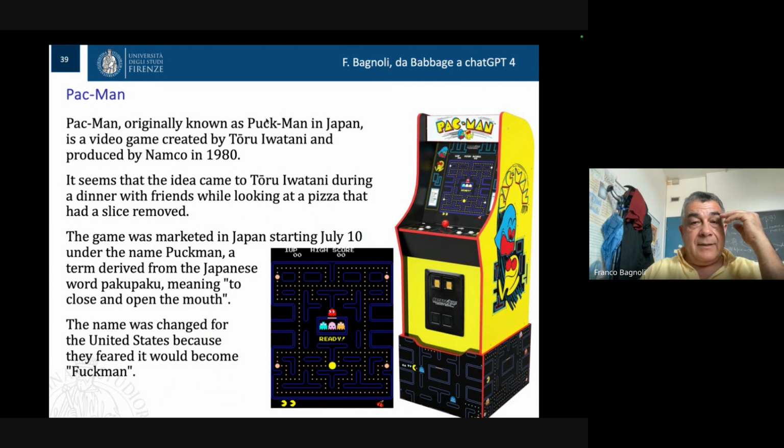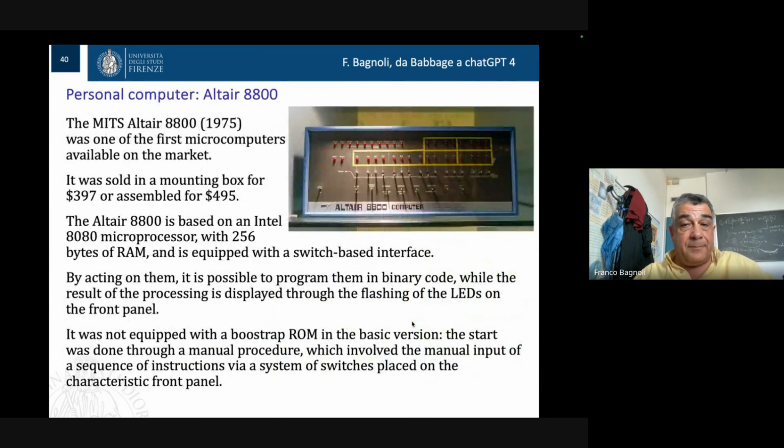But they feared that it might be pranked into something vulgar, so they tried to change it. So now you know how the Pac-Man name originated, and it was still an arcade game at the time.